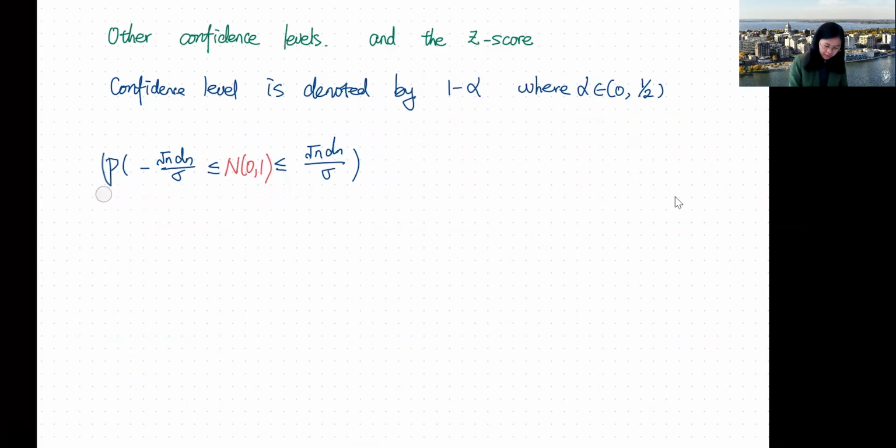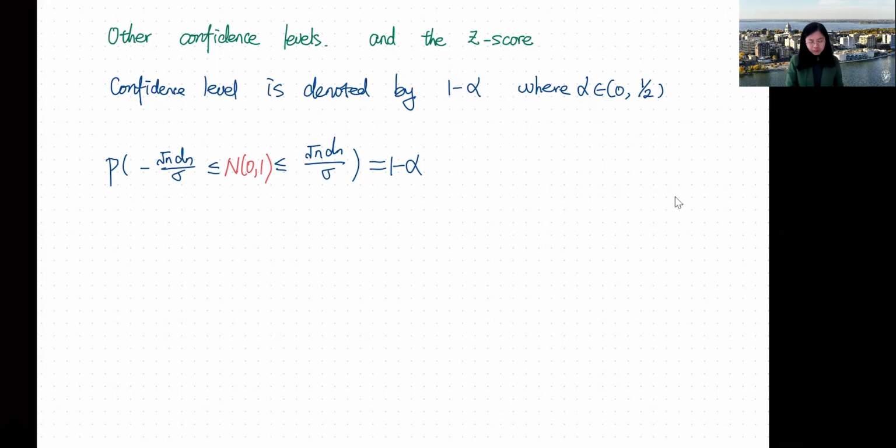And if this probability is equal to 1 minus alpha, then the coverage probability of our confidence interval will be approximately 1 minus alpha.